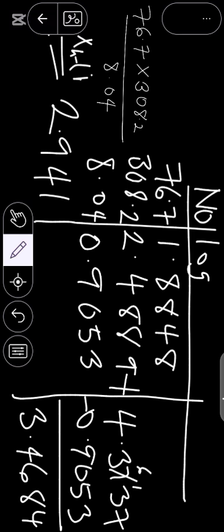You must always add the decimal point here after finding the antilog to help you know where you are going to add the integer. We put the decimal point there because this number has been converted to standard form.